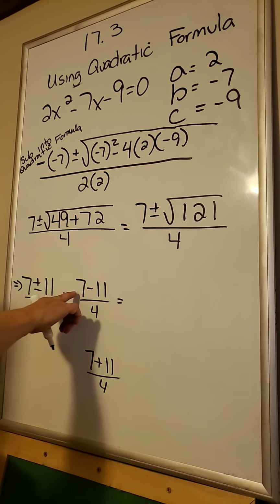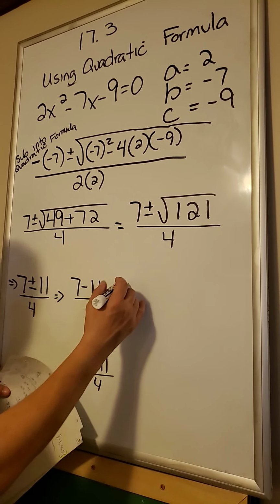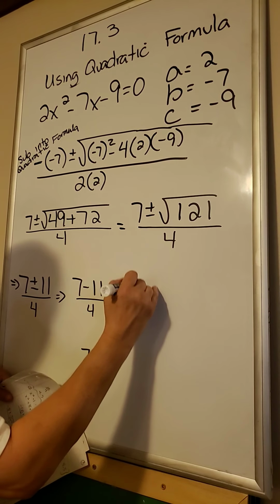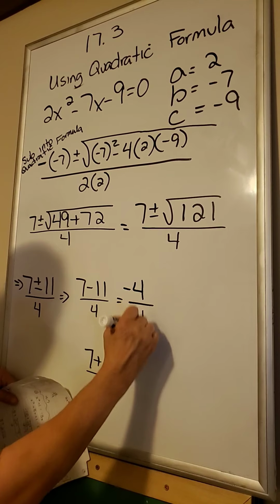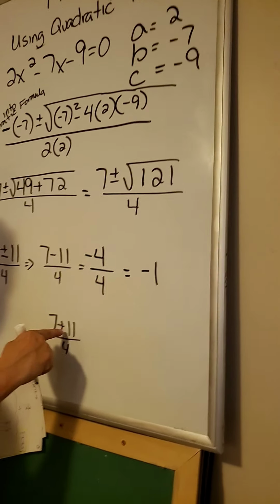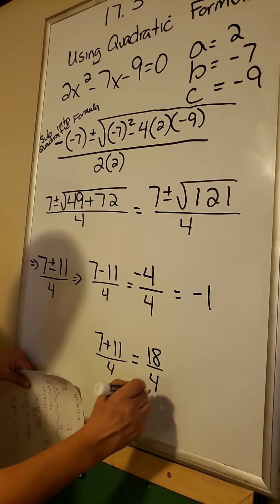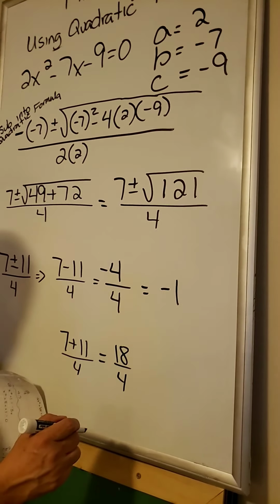So 7 minus 11 is going to give us what? Negative 4 over 4, which simplifies into negative 1. 7 plus 11 gives us 18 over 4. So that's not going to simplify into something nice.